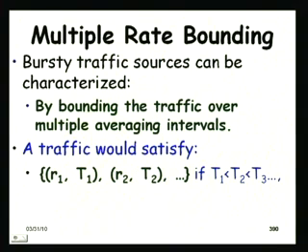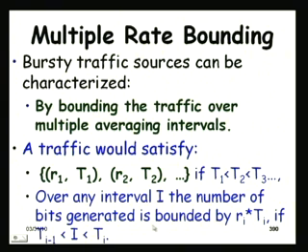This is a more accurate characterization of bursty traffic, where not only do we restrict the instantaneous burst size, but also over any given interval we characterize the behavior of the traffic source. Possibly this is the most accurate characterization of bursty traffic, if we use multiple bounding intervals and bound the traffic for different time frames.